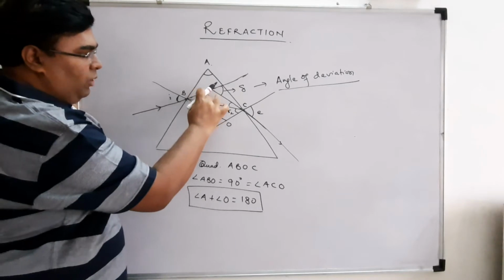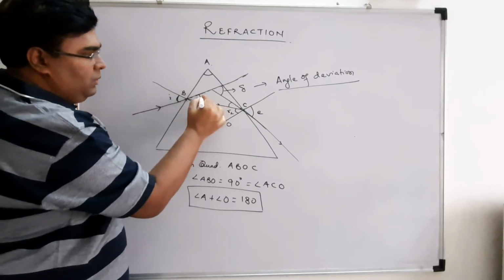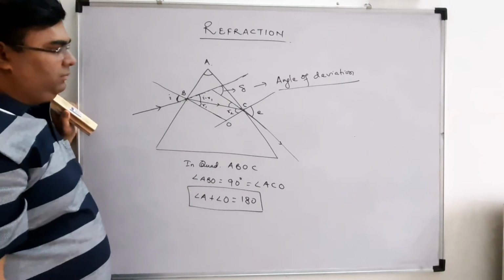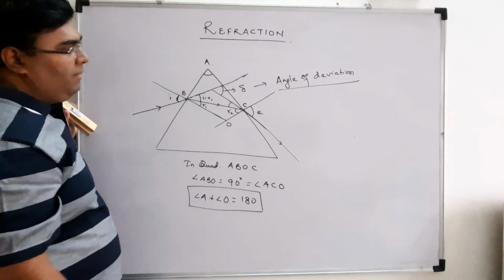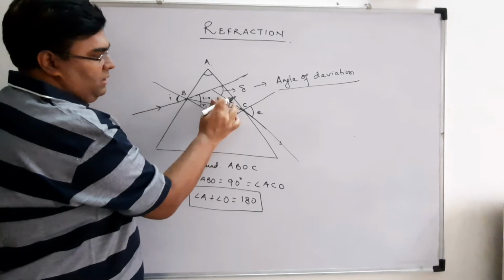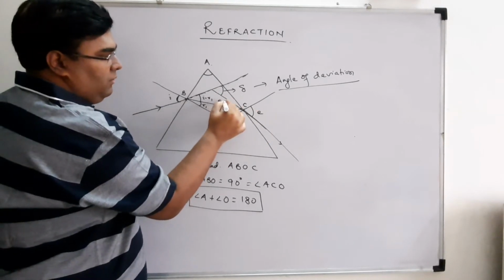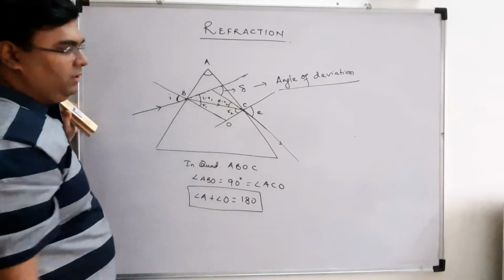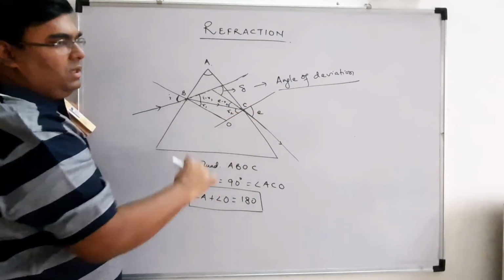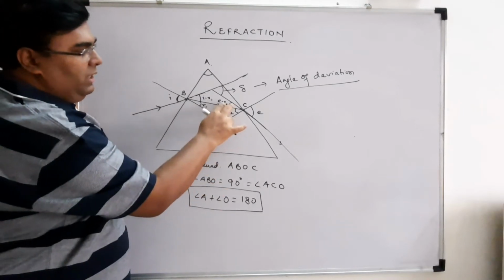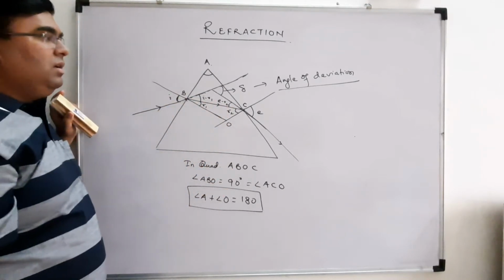So the smaller part is I minus R1. Correct? And what is this? This is E minus R2. Same logic: here also the whole part was E, the whole part is I. So what is left out? E minus R2 and I minus R1.